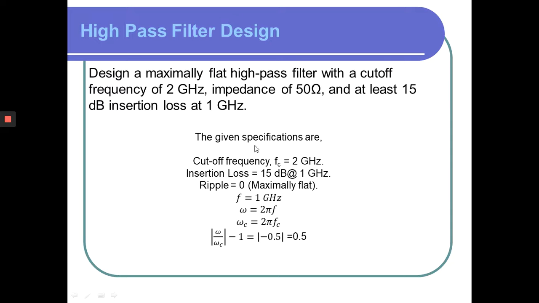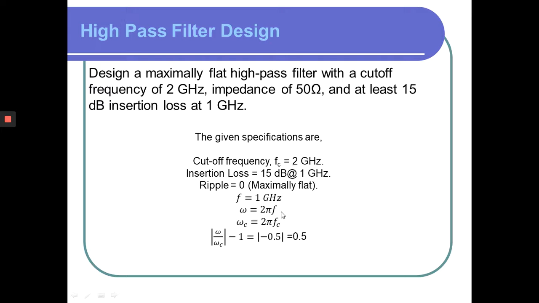So we have our cutoff frequency here. Impedance is 50 ohm, meaning R0 is 50 ohm, and at least 15 dB of insertion loss at 1 gigahertz. We already know the significance of these values that have been given.